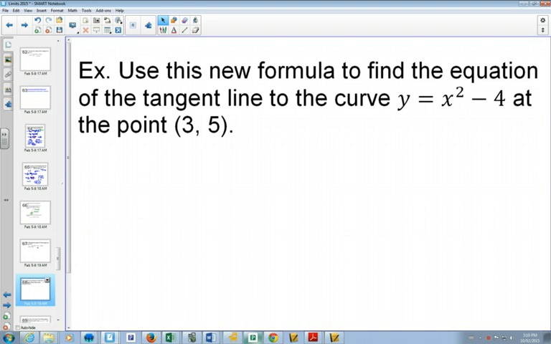We'll do the new formula together on this one. Then afterwards you can do the other formula, and you can decide which one you like better as far as how they simplify. They'll both give you the same slope.